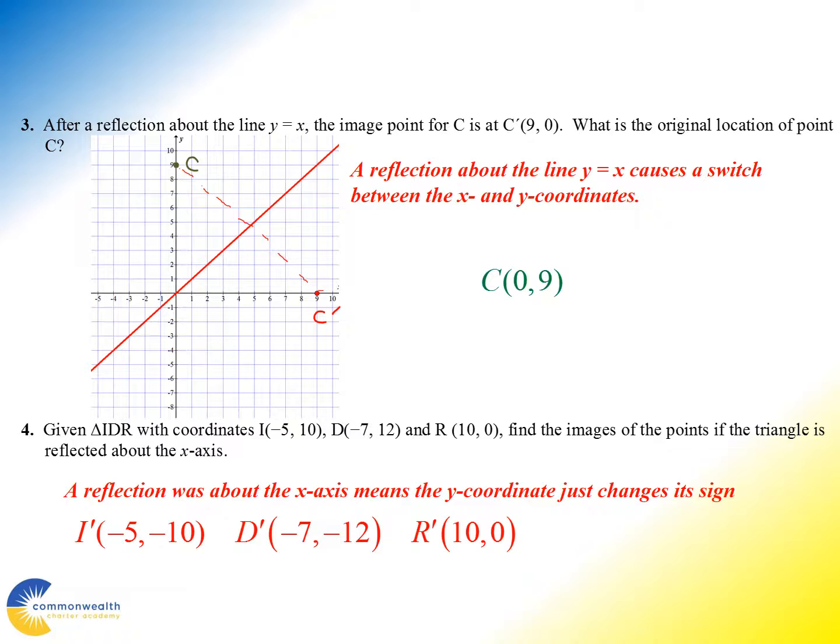D prime, or the image of D, is going to be at negative 7, negative 12, because again, a sign change. For the image of R, I changed the sign of 0, it's still 0. And basically 10, 0 is on the x-axis, so if I'm reflecting about the x-axis, there's not going to be any change, anything that's already there. So that's why R happens to be its own image in this case.